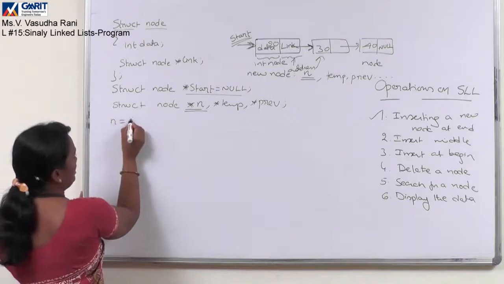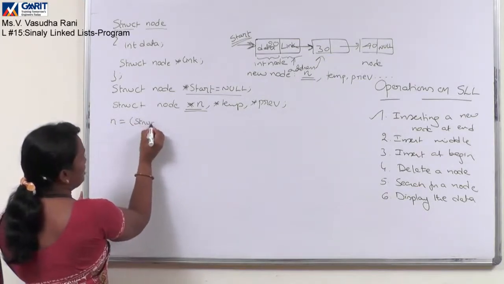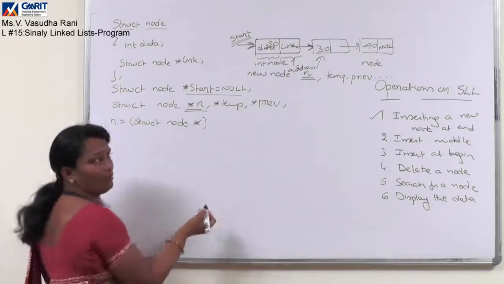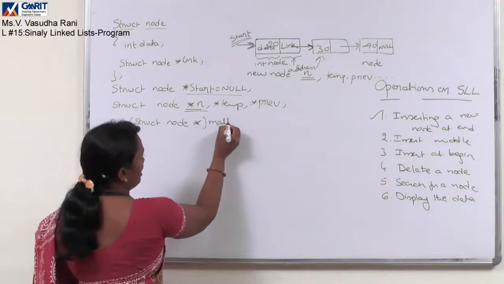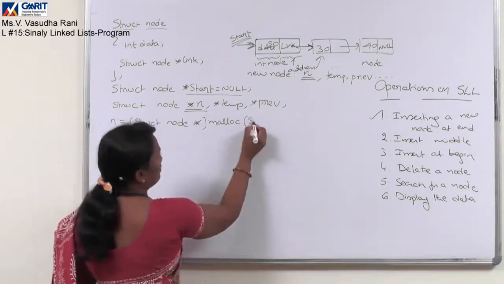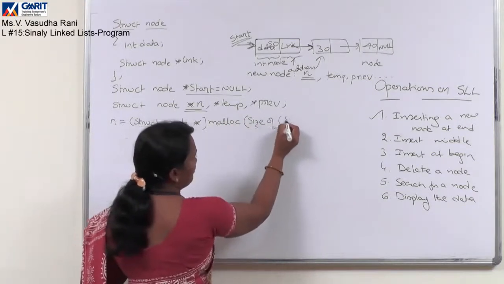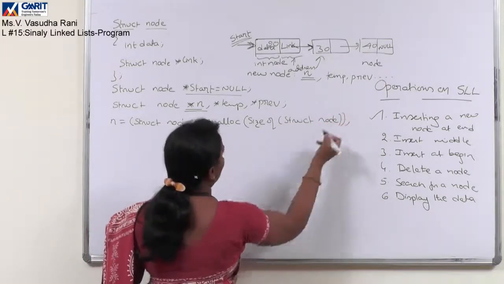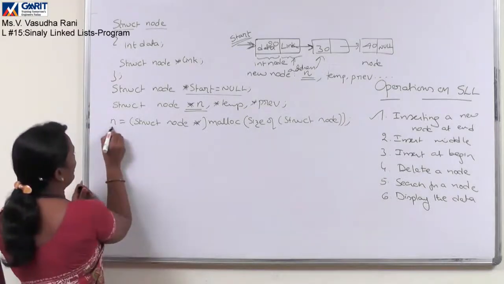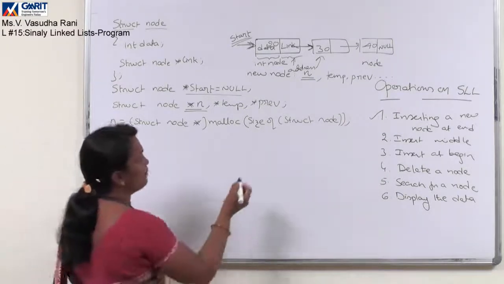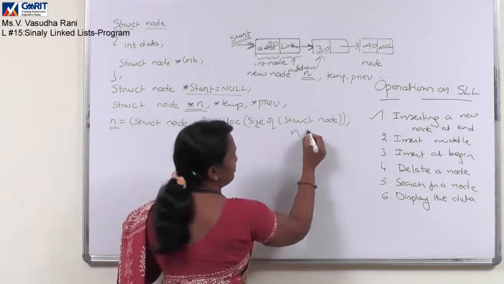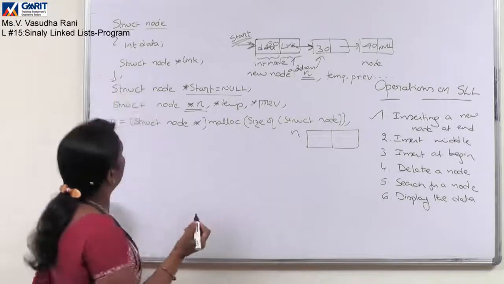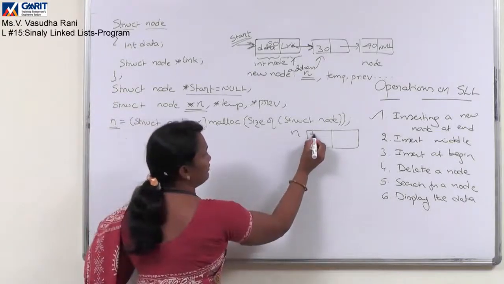So it is n equal to, that new node is of type struct node as per the syntax of your malloc function. To allocate memory, this is size of struct node type. So what happened is, n has got its memory for its particular node with two fields, data field and link field.